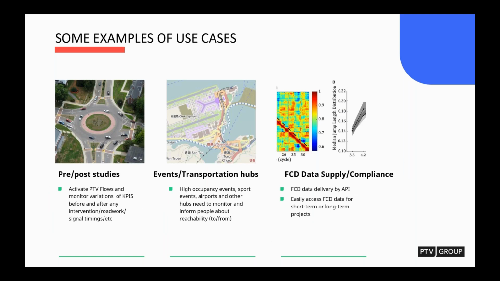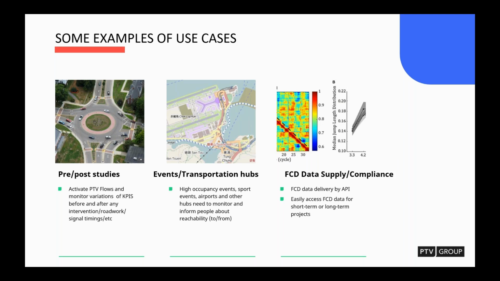And of course, our pre and post studies. If we're doing some sort of intervention or road work, or even signal timings, some work around an intersection, we can create a Flows environment that monitors the congestion rates and travel times before, during, and after the actual intervention on the roadway network.